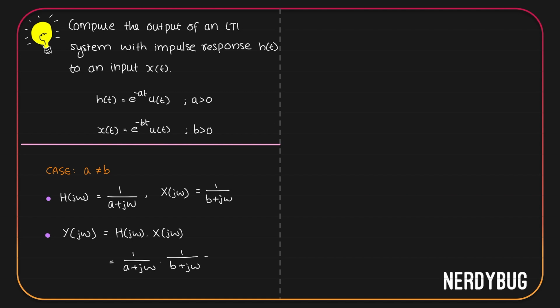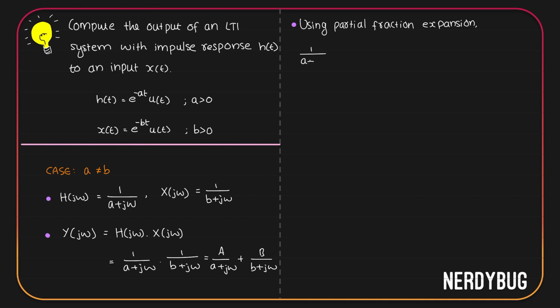But to do that, first we have to write it in this form: a divided by a plus j omega plus b divided by b plus j omega. If we can do that, then it will be easier for us to calculate the inverse Fourier transform. So to do that, we will use partial fraction expansion.